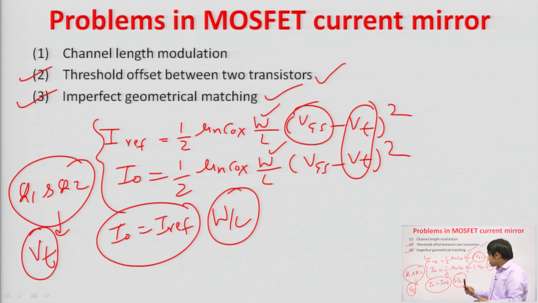If the W by L ratio is very large in comparison with the typical variations during fabrication, then this effect can be minimized. But again, if W by L is more, current will be more, and power consumption will be more, fine. These are the practical issues which happen in the fabrication laboratory, but the channel length modulation effect we can minimize using some advanced current mirrors available in the literature.